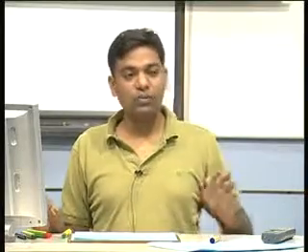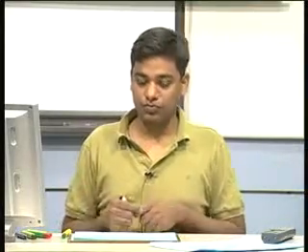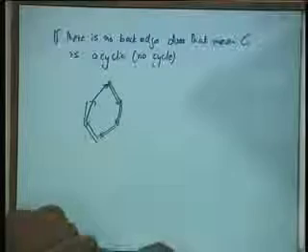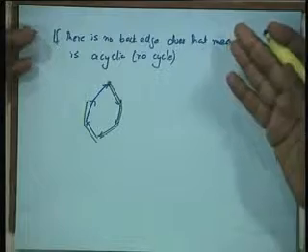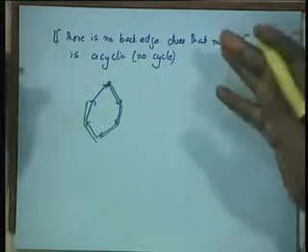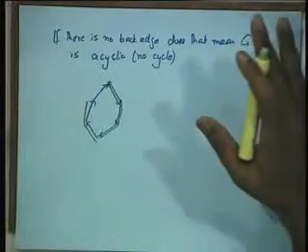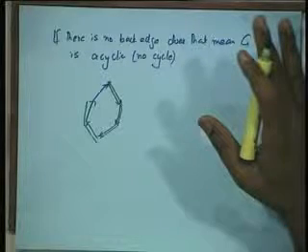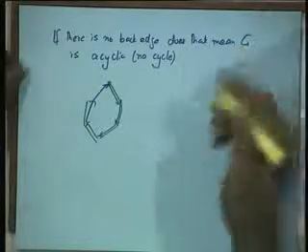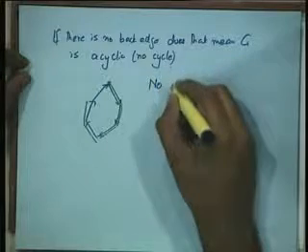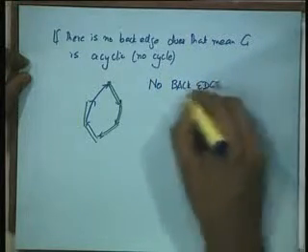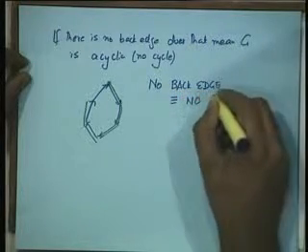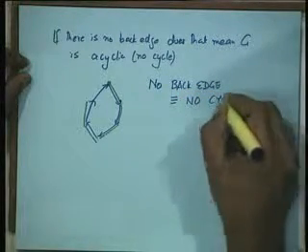Okay, so let me do a very interesting proof of this statement. Or what's the statement? Oh, this is not a statement, this is a question, right? So, the statement is: no back edge means no cycle. For the cycle, sir, does that mean arrows going in only one direction?